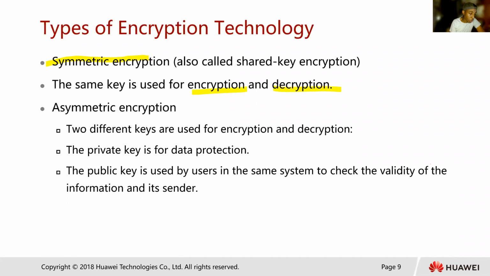But in asymmetric, there's a different keyword coming out here: the keys have to be different. We have a private key and another key called a public key. The private key is used for data protection. And the public key is used by the users in the same system to check the validity of the information as well as its sender. So that is really what it is.